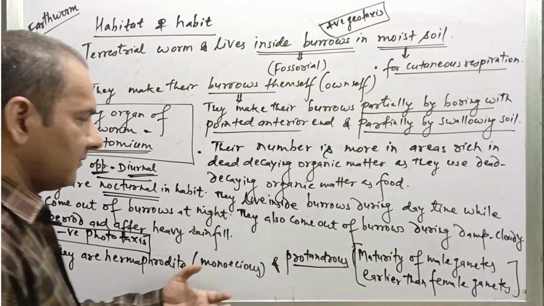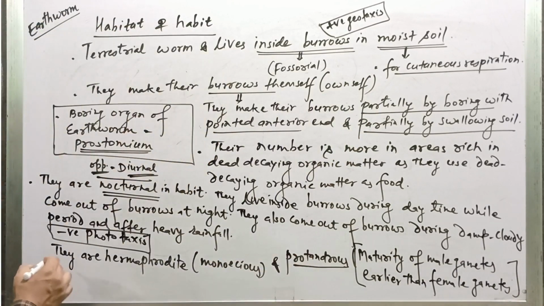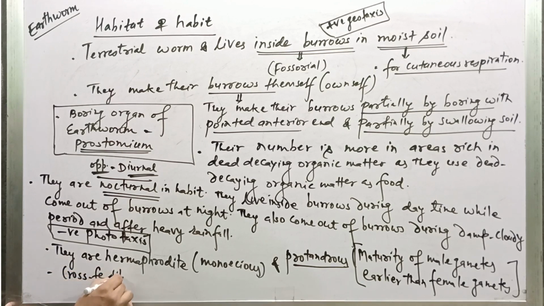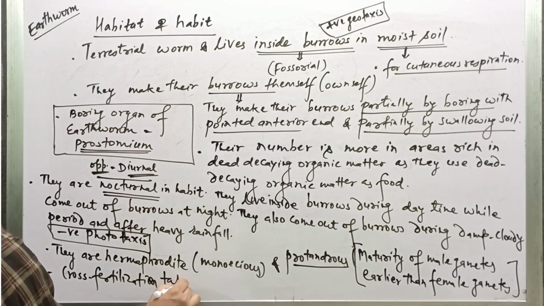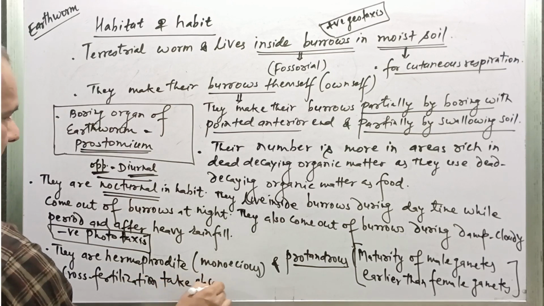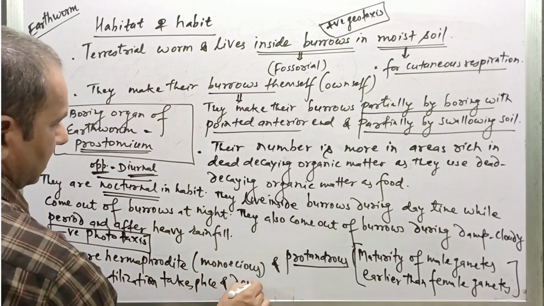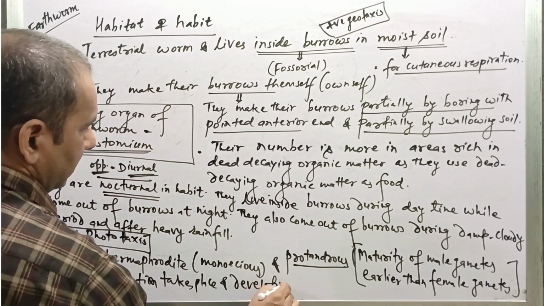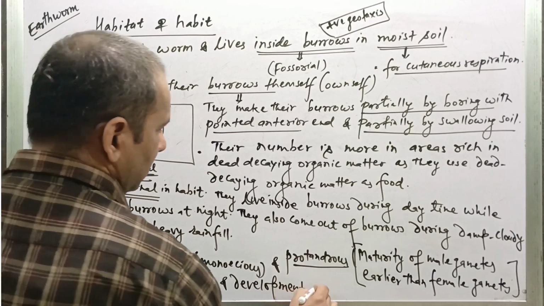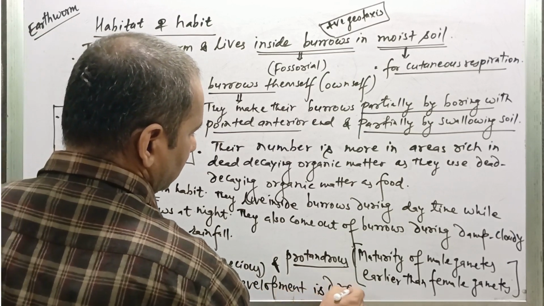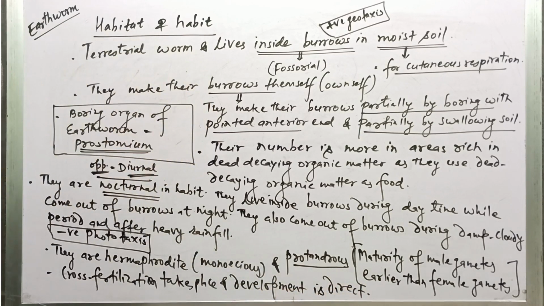And as they are protandrous, cross fertilization takes place in them, and development is direct. So, this is about its habitat and habit.